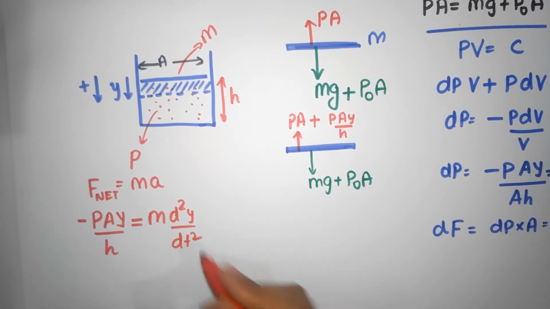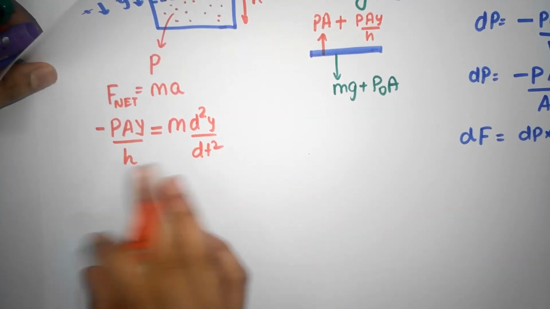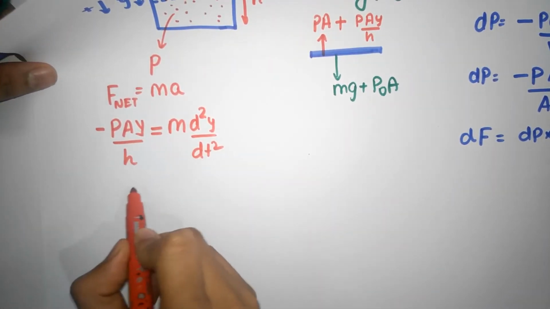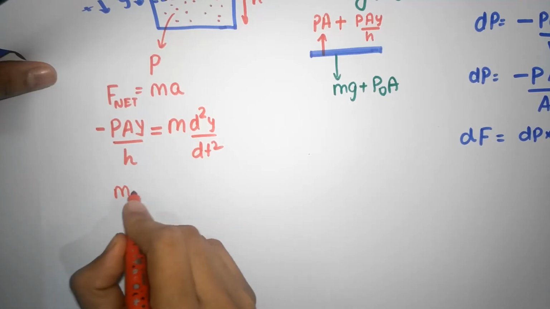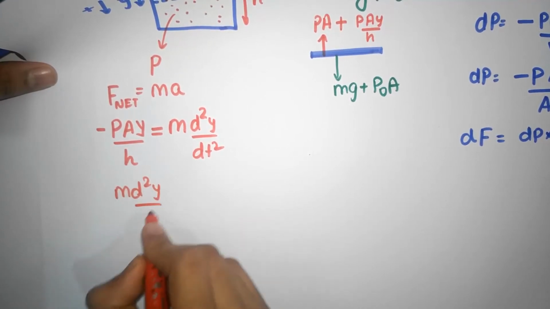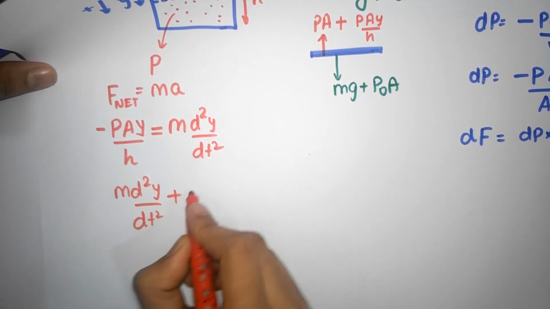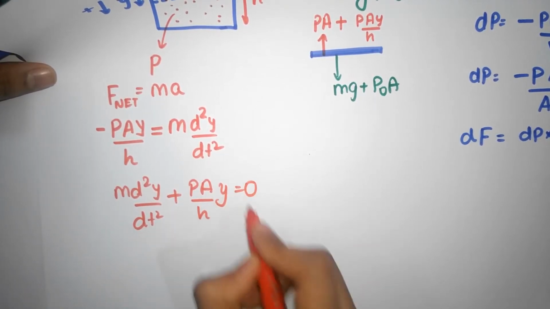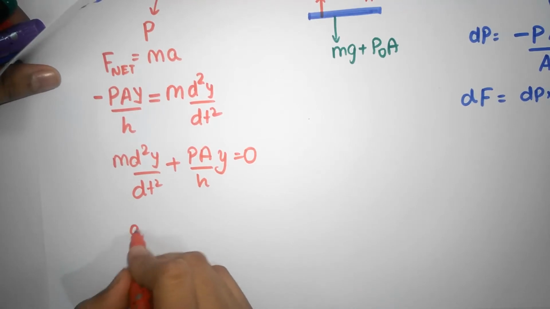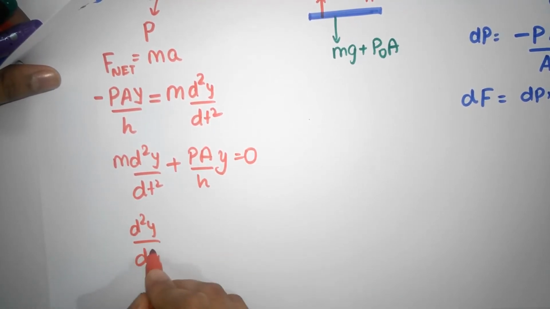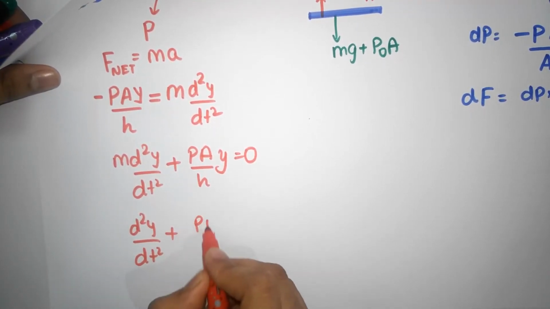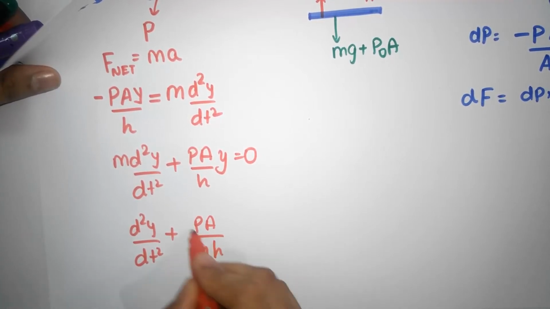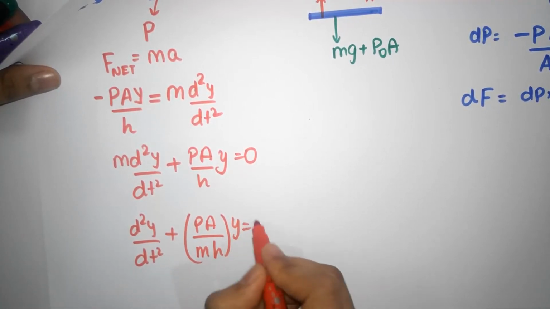Notice that I'm building the differential equation. By now this must have become boring, because we know how to work with these differential equations. It's plus PA divided by h into y equal to 0, and I bring it into the glorious form now: d square y by dt square plus PA divided by mh times y should be equal to 0.